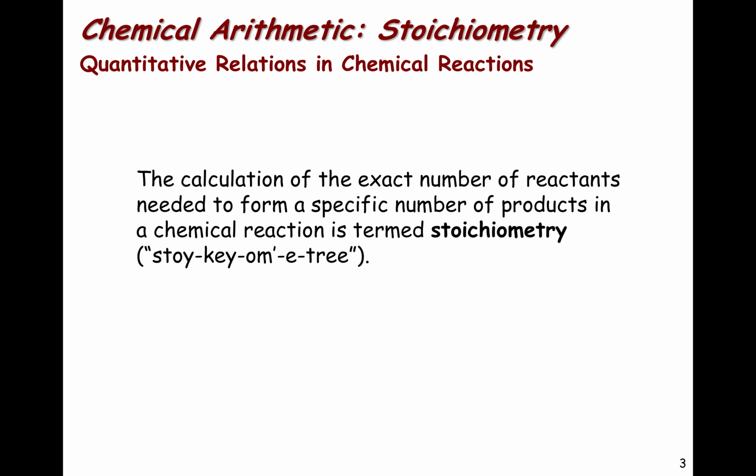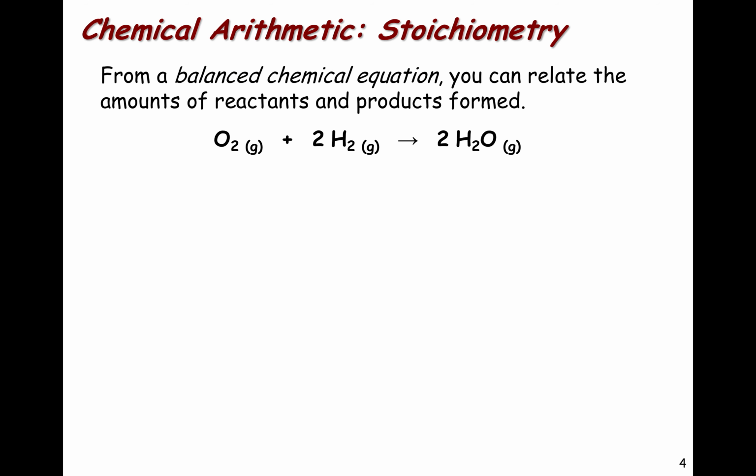At this point, we need to introduce a term that you need to be familiar with, which is stoichiometry. Stoichiometry is a calculation based upon the ratios in a balanced chemical reaction, and this allows us to calculate the appropriate amount of mass for both the reactants and products, and is calculated from the moles.